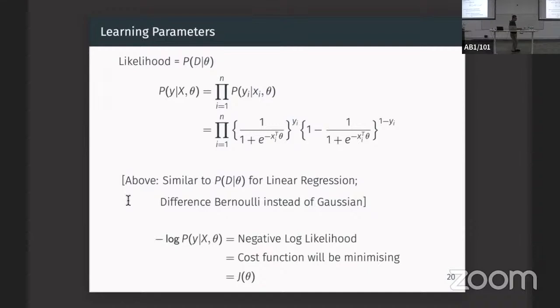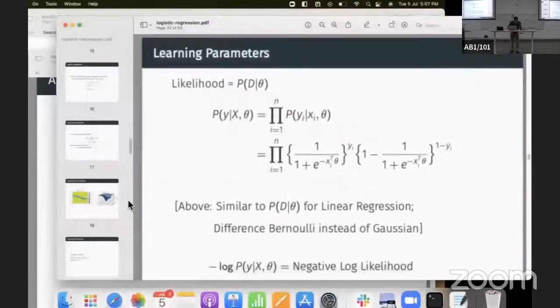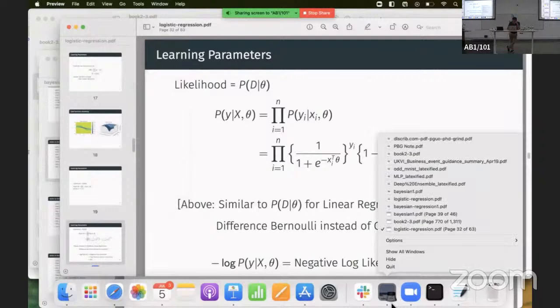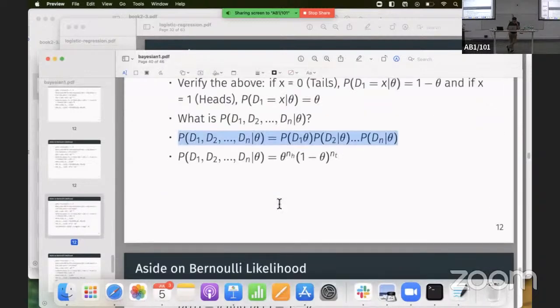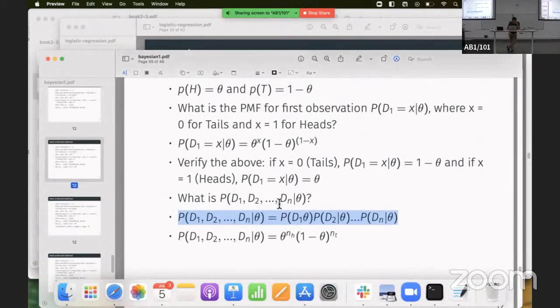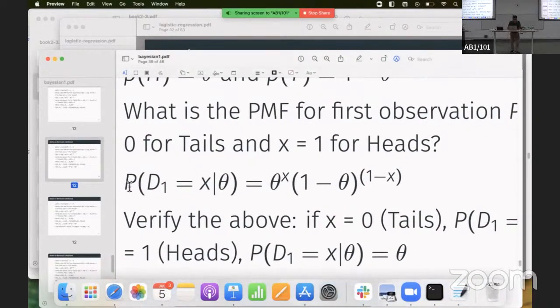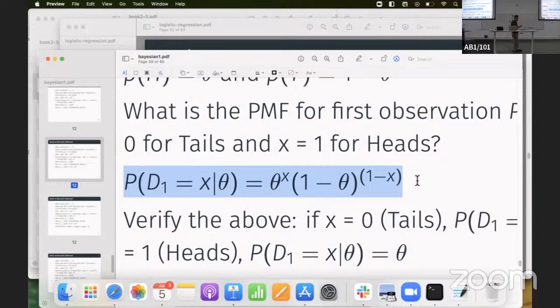So in coin toss, if you look at this particular highlighted line, the probability of D1, where x was either 0 or 1, was theta to the power x multiplied by 1 minus theta to the power 1 minus x, right?